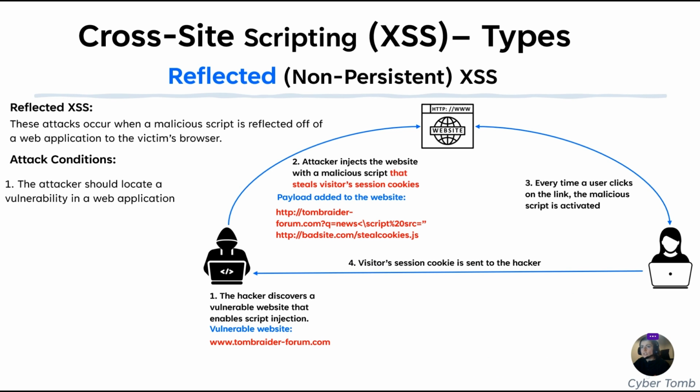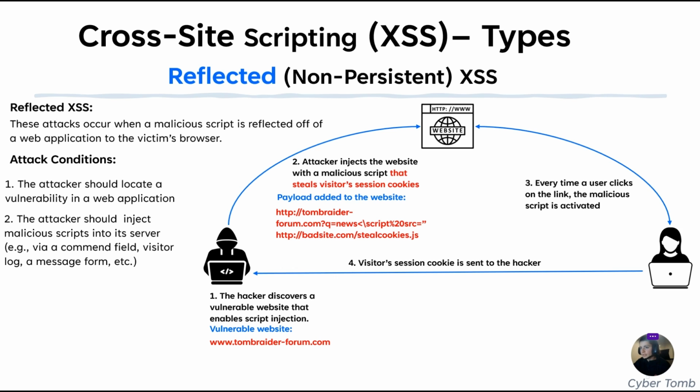Okay, so attack conditions. The attacker should locate a vulnerability in a web application. Let's pretend that this web application is vulnerable, lack of validation or encoding or whatever is the case here. This website, Tomb Raider forum, is vulnerable.